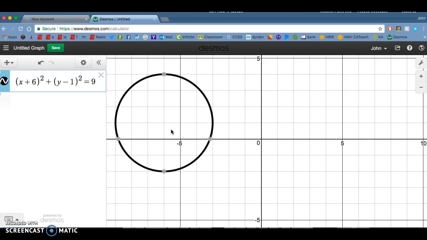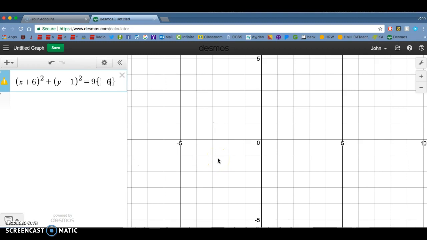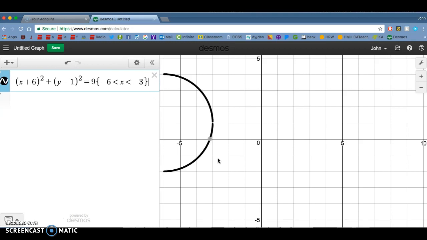All right, and of course, like with all of our graphs, we can restrict our domain. So if I wanted from -6 to -3, -6 is less than x is less than -3, I have this semicircle, which is maybe not what we wanted.